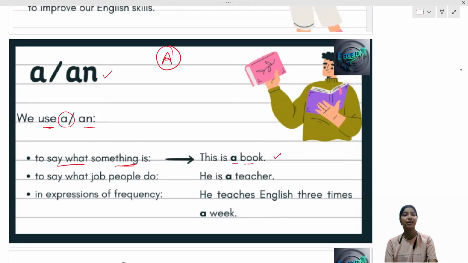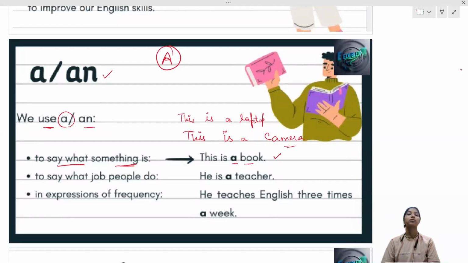What the thing is. You can take one more example. This is a laptop. You can say, this is a camera.